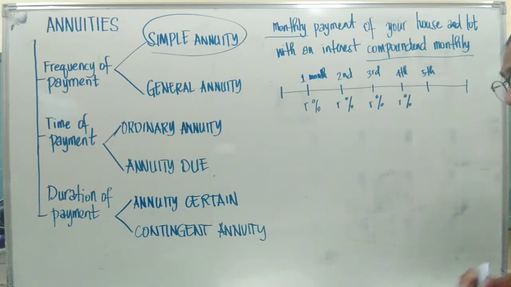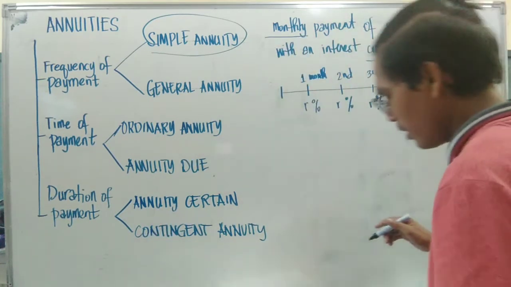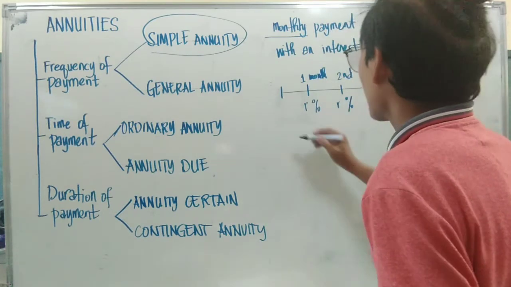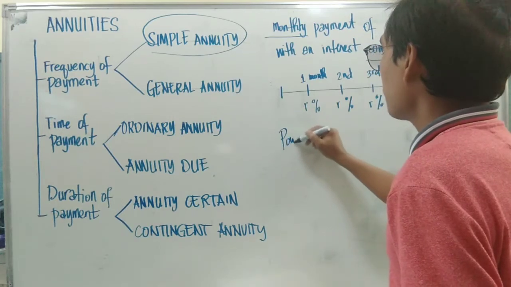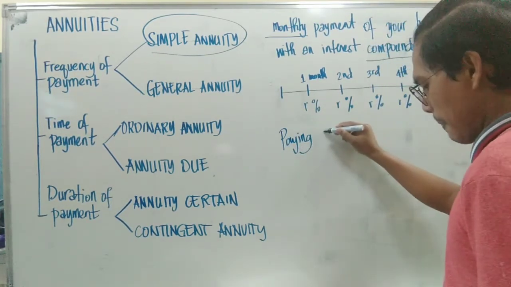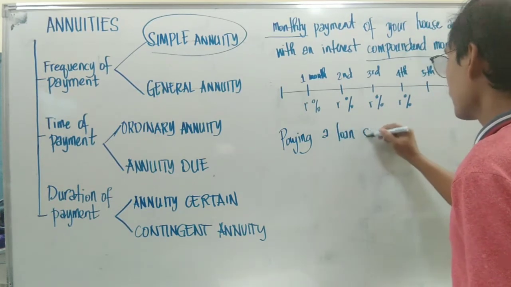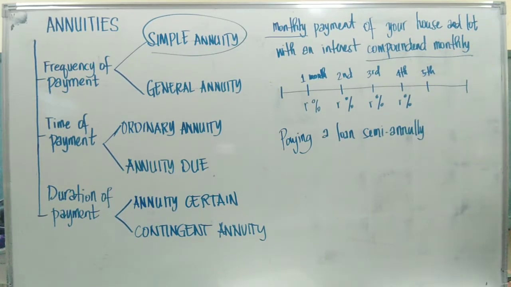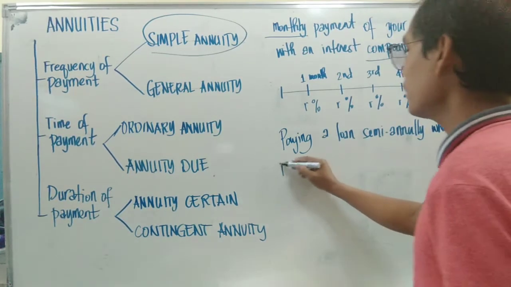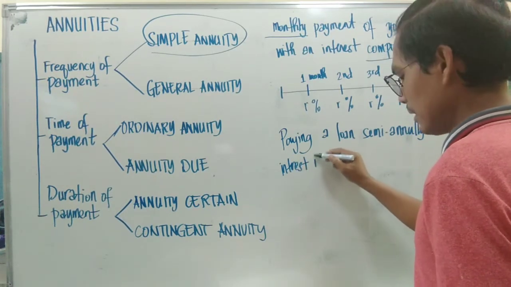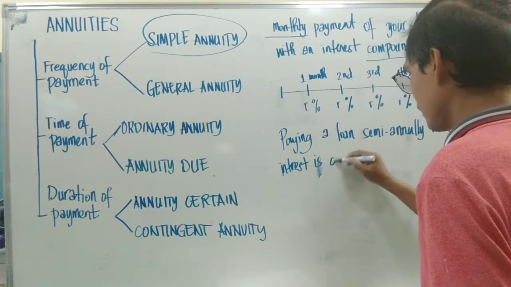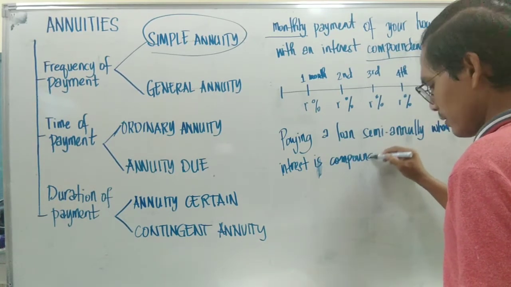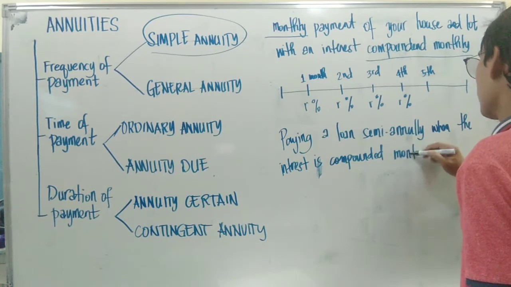I will give you one example of general annuity for you to differentiate the two. Example, paying a loan semi-annually when the interest is compounded monthly.